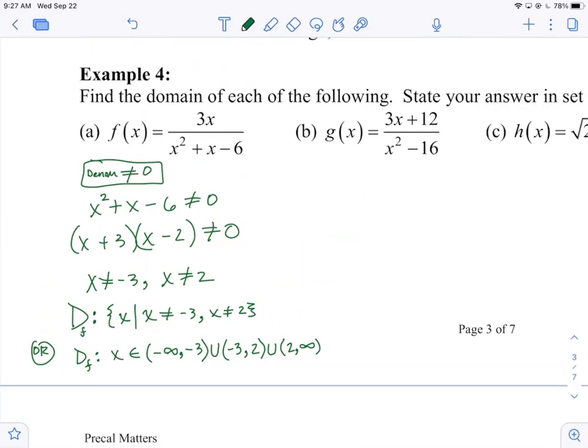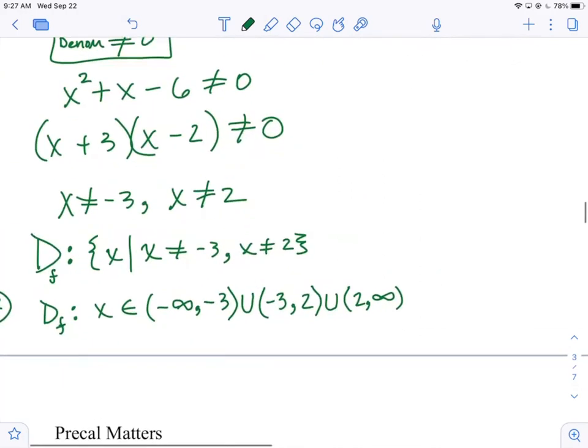We call these two values discontinuities. I guess I will throw that term at you, okay? We call both of these values discontinuities. And the reason they're called discontinuities is because if you look at the interval notation, this graph exists from -infinity, and then all of a sudden at -3, at that single point, it's not in the domain.